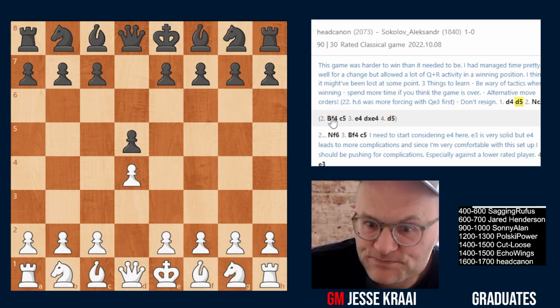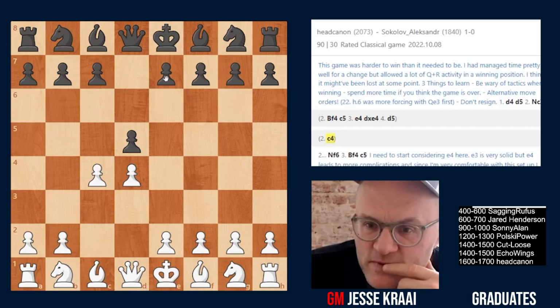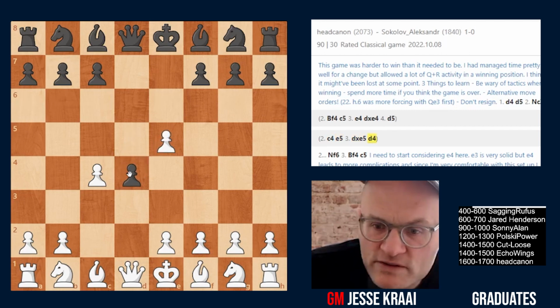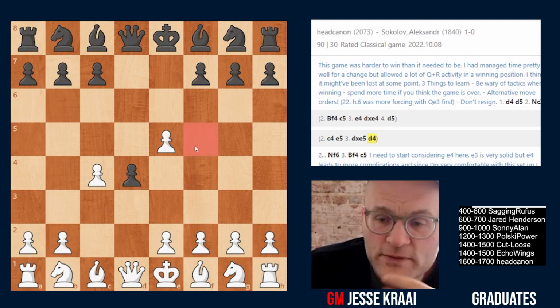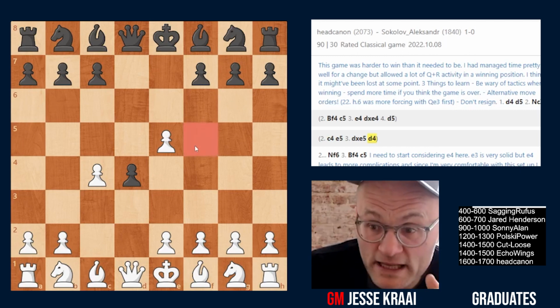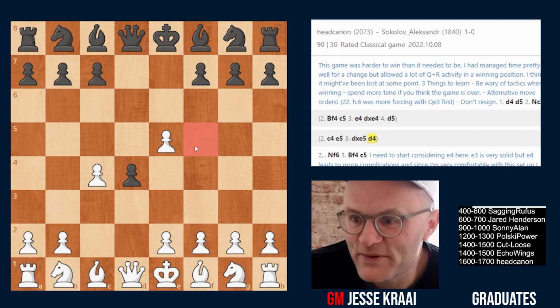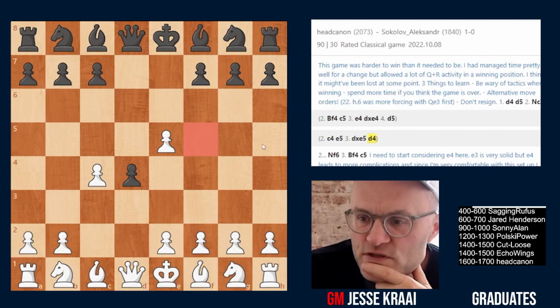Let me explain. So we get this fascinating position. And you can see if black had the bishop out, we would have the same position, right? So white is up a tempo on that Albin counter gambit position.